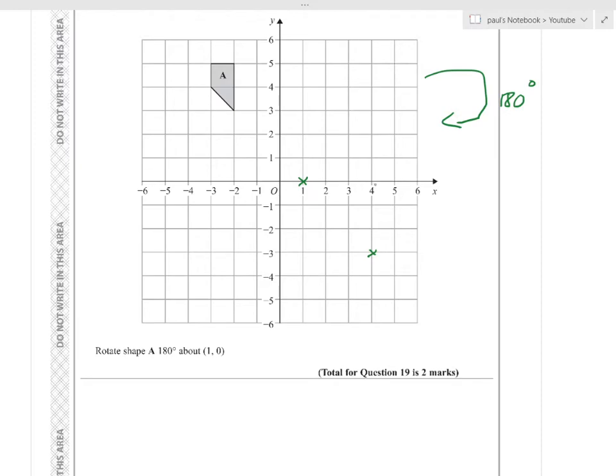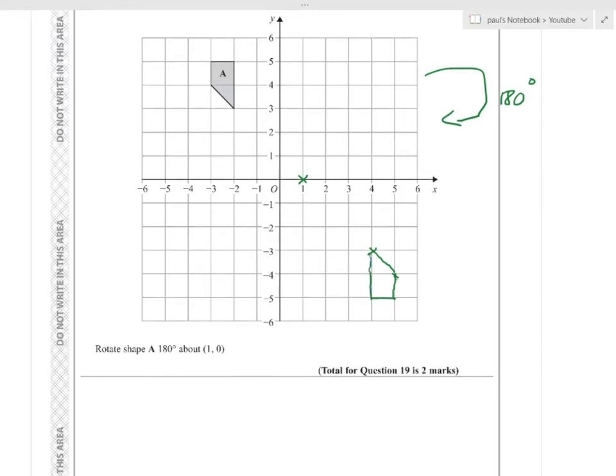So 1, 2, 3, 4, 1, 2, 3, 4 there. So it's that way around, and it's 1 square there. Okay, got it the right way around.